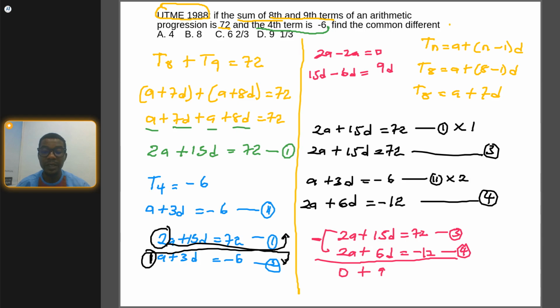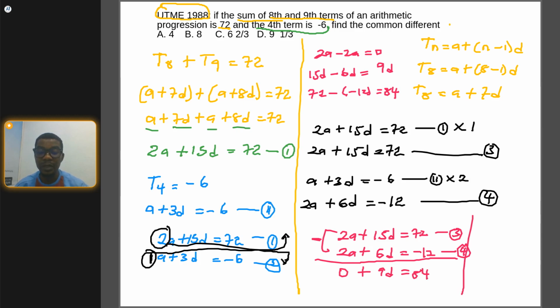So we have 9d equals 72 minus, in bracket, minus 12. That is going to give us 72 plus 12, and 72 plus 12 is 84.